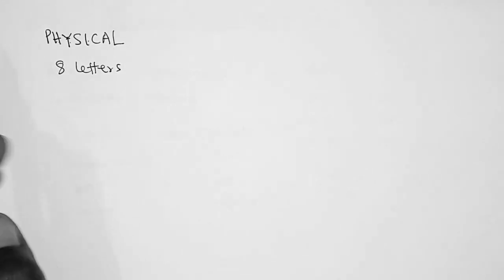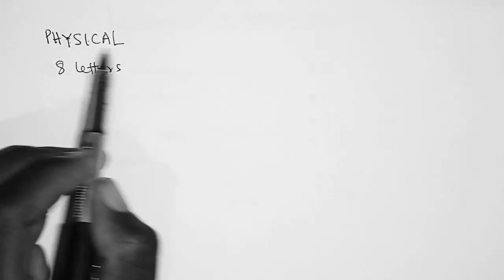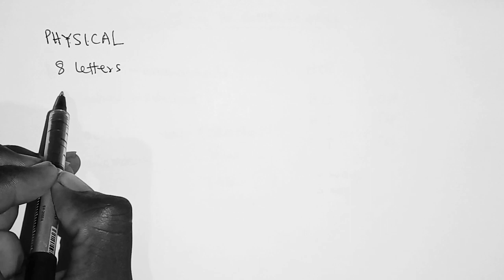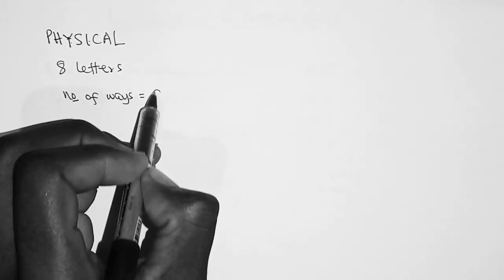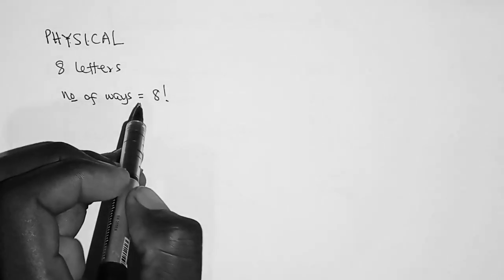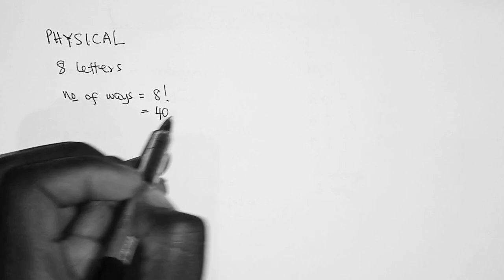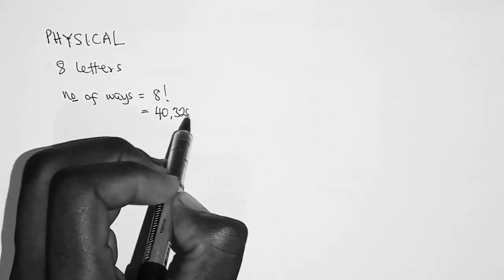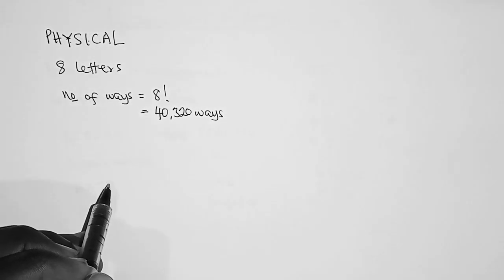Physical is made up of 8 different letters, and therefore, the number of ways to arrange 8 different letters when there are no repetition is 8 factorial, and 8 factorial is equal to 40,320 different ways.